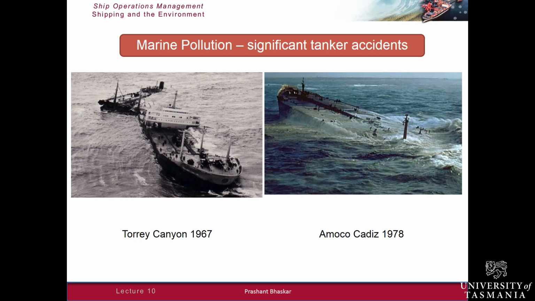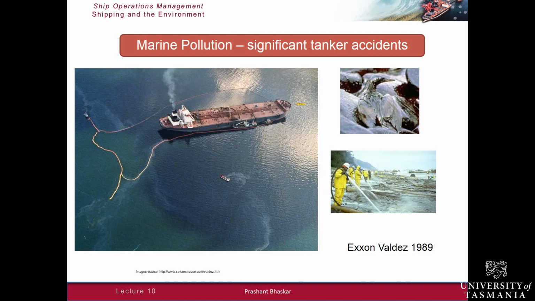Now, during the 1970s and 80s, they say that the United States was not a very enthusiastic supporter of the international regimes for regulation until such time as an accident happened in Alaska involving a ship called the Exxon Valdez. This accident happened in 1989, and the Exxon Valdez spilled about 40,000 tons of oil into a very pristine area of Alaska.